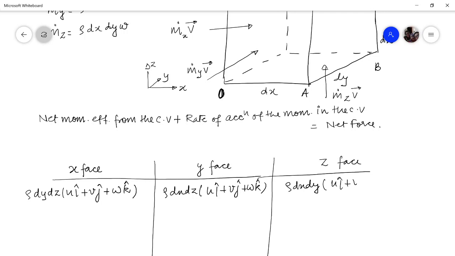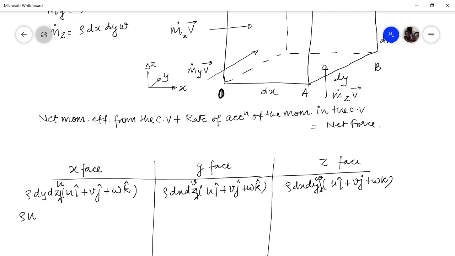(ui plus vj plus wk), which can further be written as, look, rho u, and I have missed one thing, I have missed u here, the y component velocity here, and the z component velocity here.